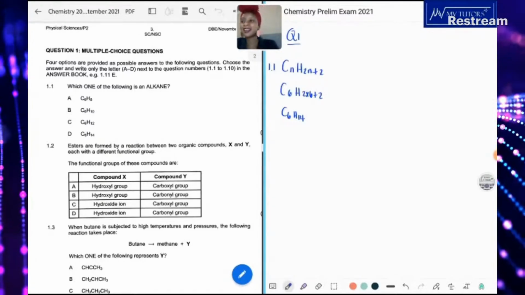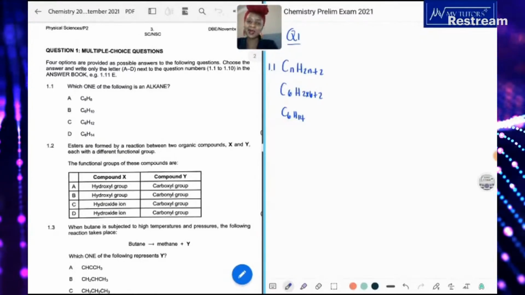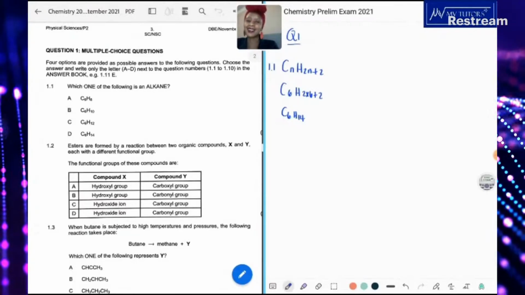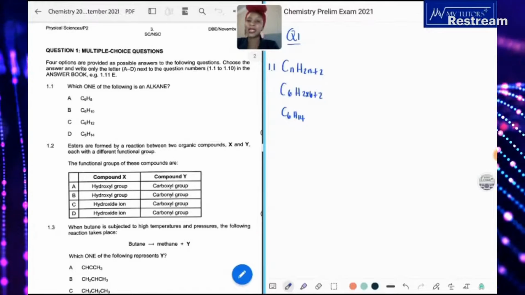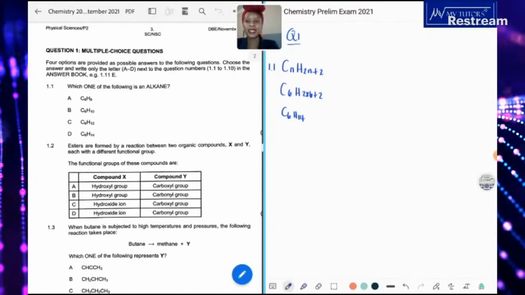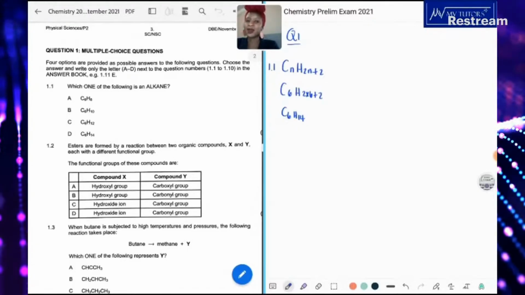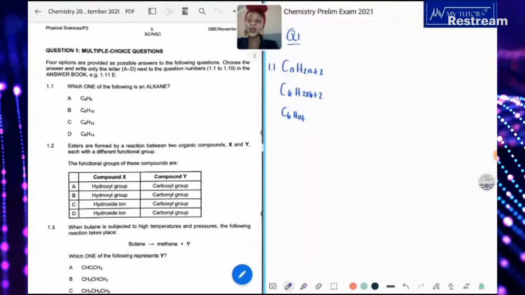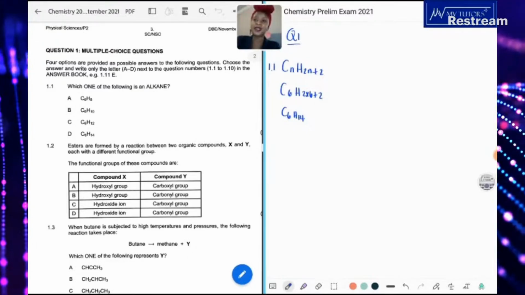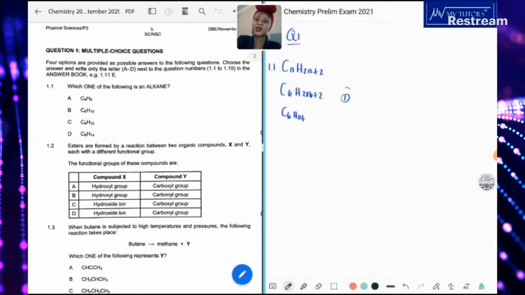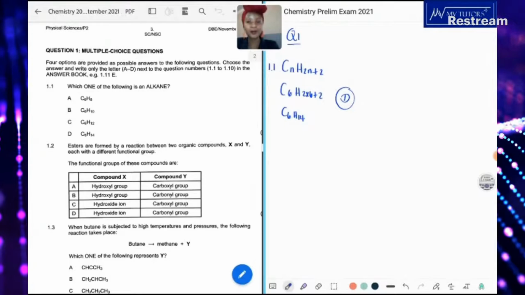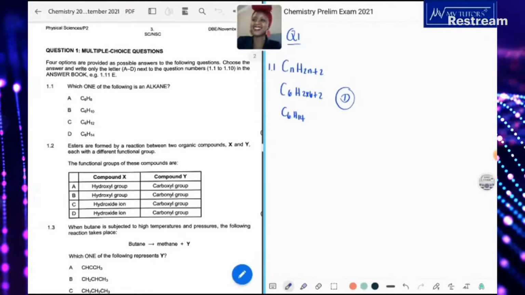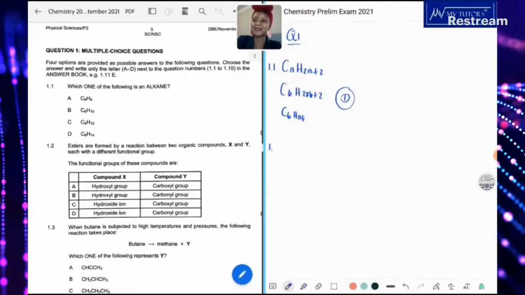I didn't realize that all the carbon atoms were 6; if I had seen that earlier, we would have started from there using the formula to get the number of hydrogens. So as you can see, D correlates to what we have. D would be the correct molecular formula for this alkane, and this alkane would be hexane, because there are 6 carbon atoms.